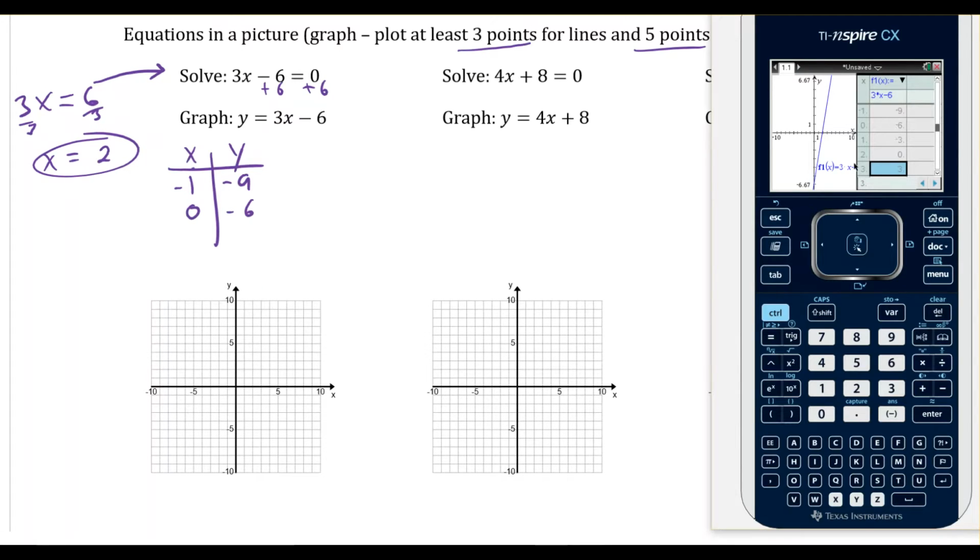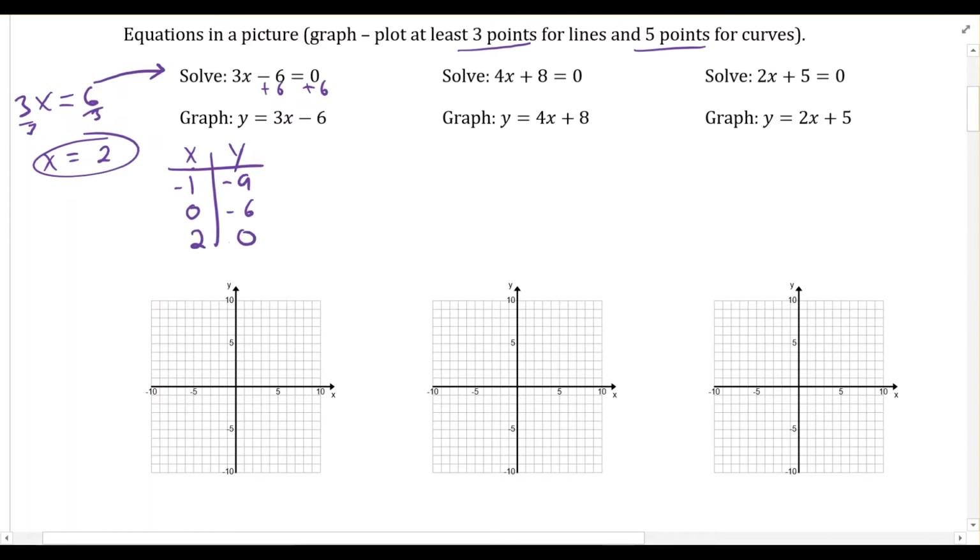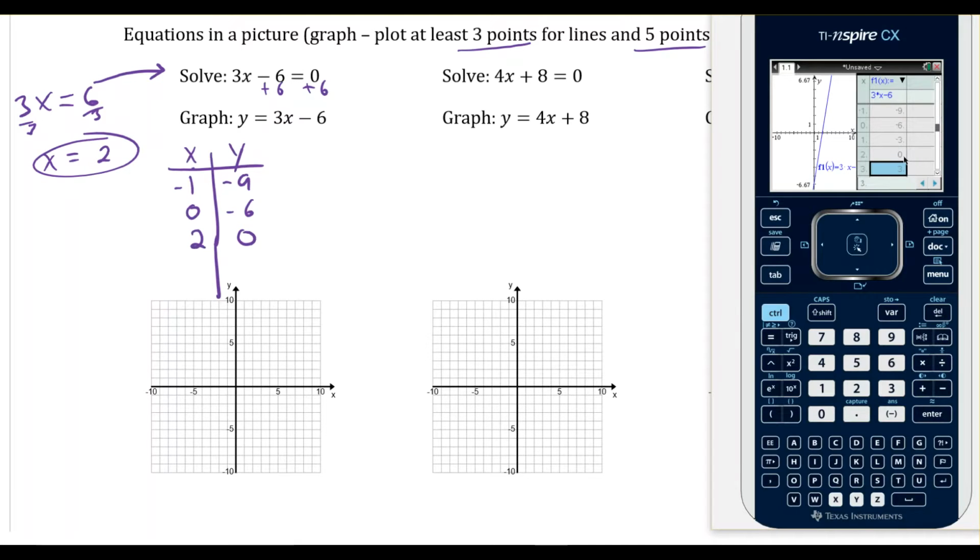When x is 2, y is 0. And when x is 3, y is 3.